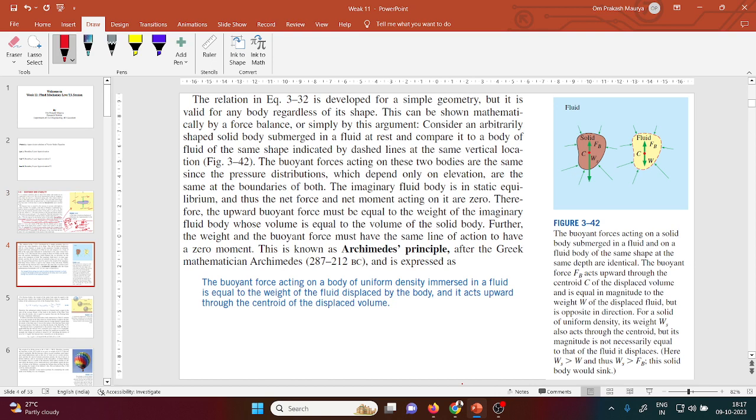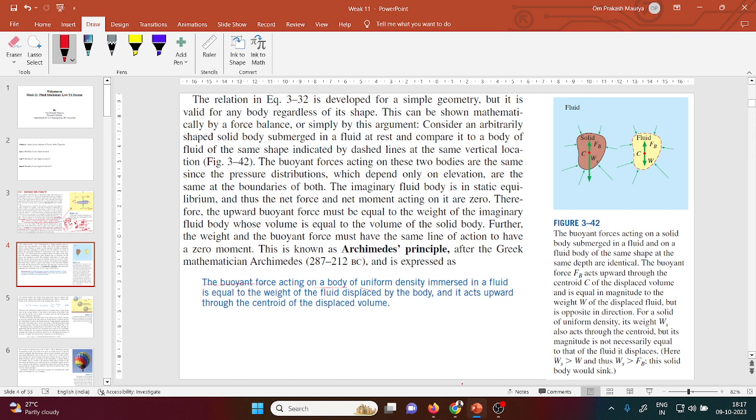So this is what I discussed. This is what Archimedes gave: the buoyant force acting on a body of uniform density, definitely the density should be uniform for the body, immersed in a fluid is equal to the weight of fluid displaced by the body, and it acts upward through the centroid of the displaced volume.